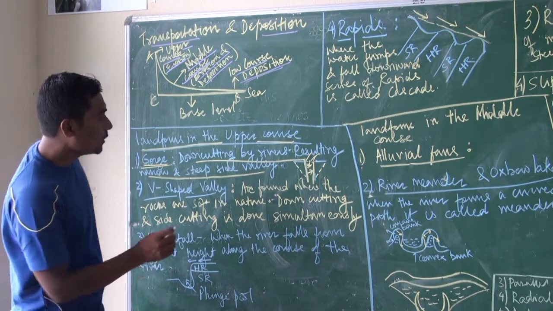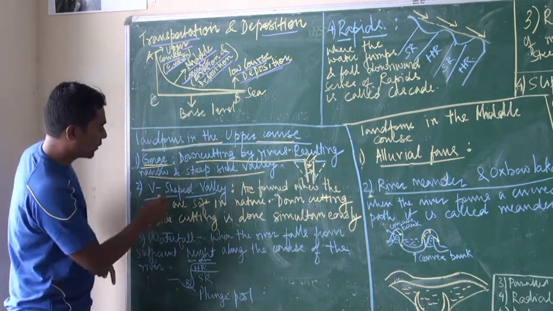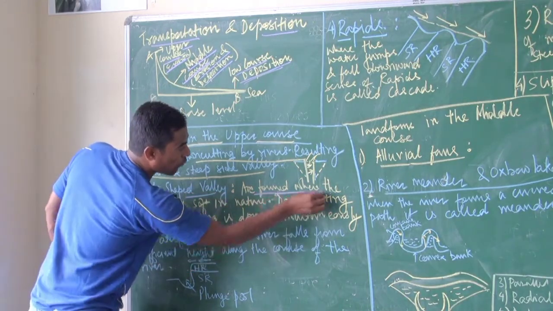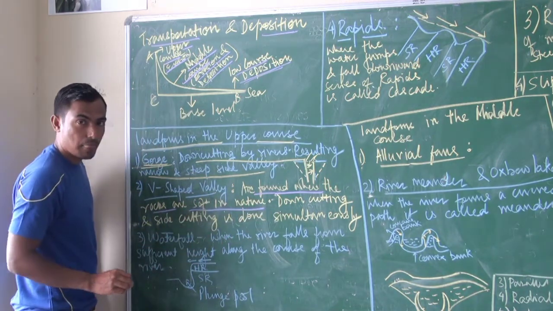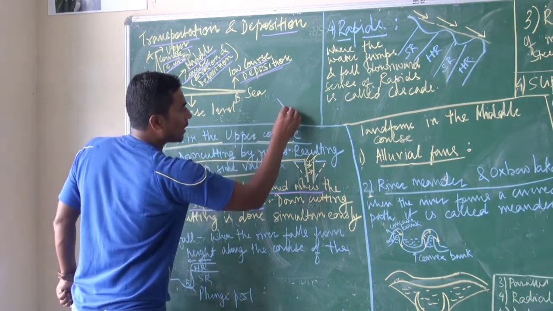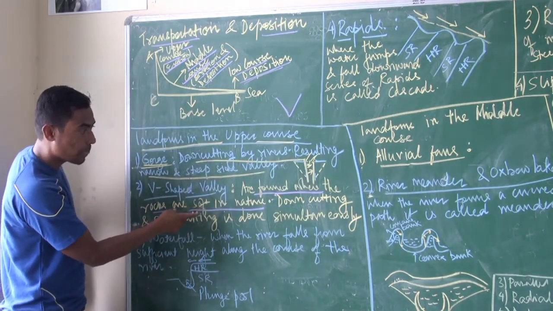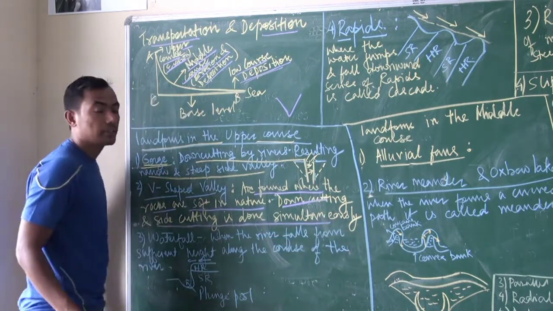Clear? And after the formation of the gorge, the next is V-shaped valleys. V-shaped valleys are formed where the rocks are soft in nature. Down cutting and side cutting are done simultaneously.